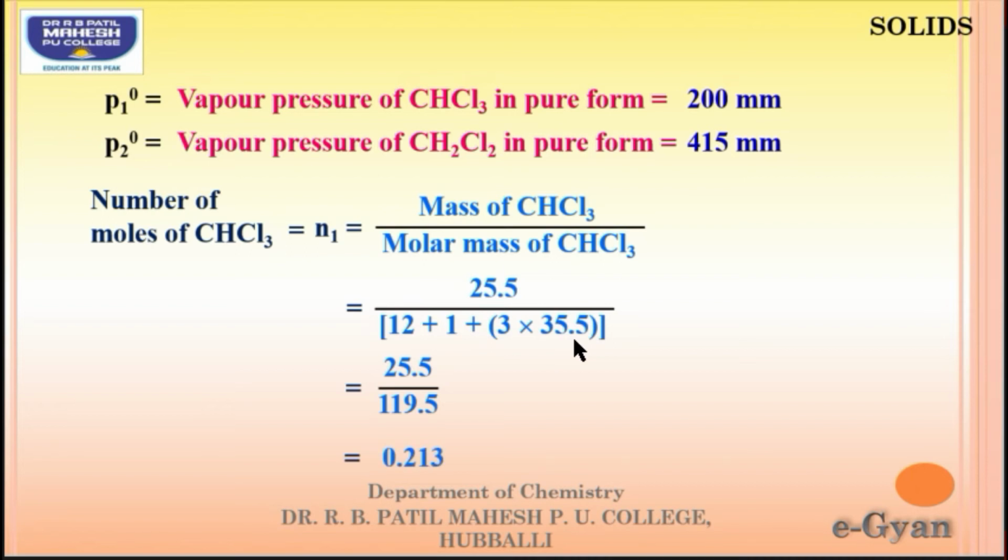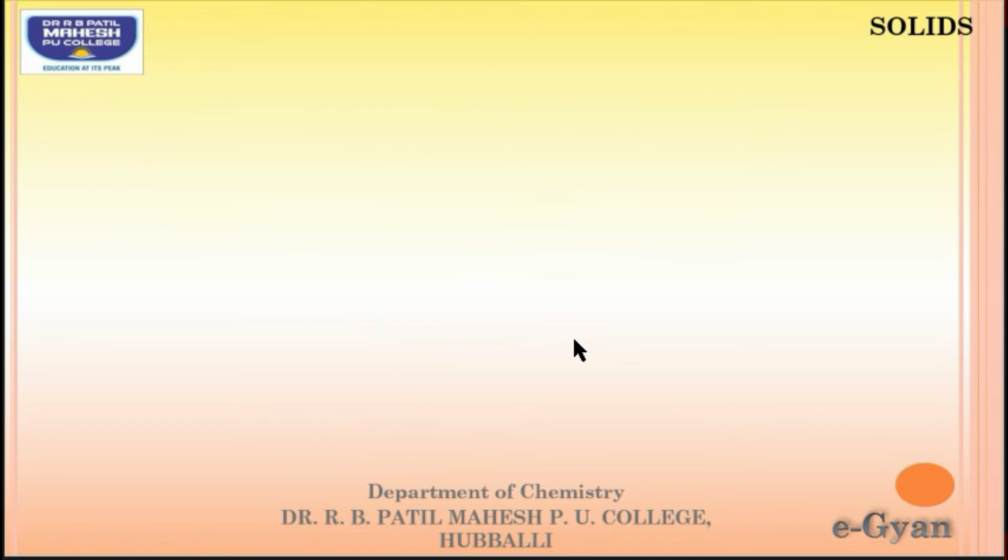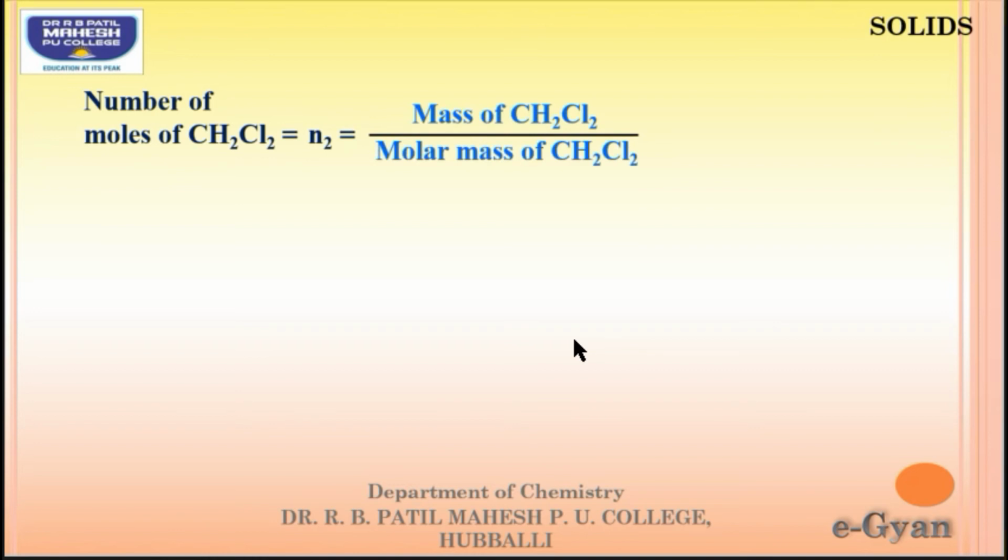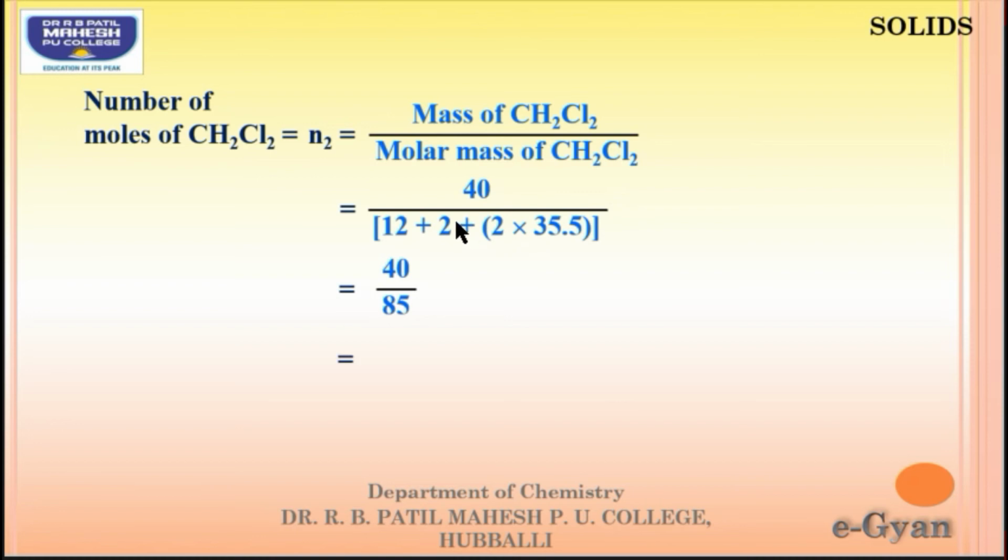That is the number of moles of chloroform. Number of moles of dichloromethane is equal to mass of DCM, that is dichloromethane, divided by molecular mass of DCM, that is equal to 40 divided by 85. You should know how to calculate the molecular mass of any given component. That value will be equal to 0.47.